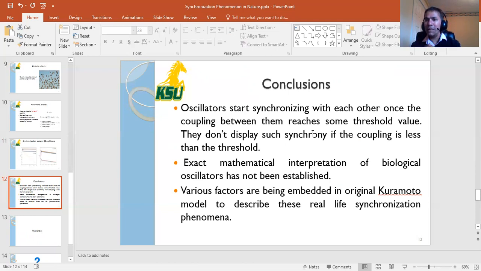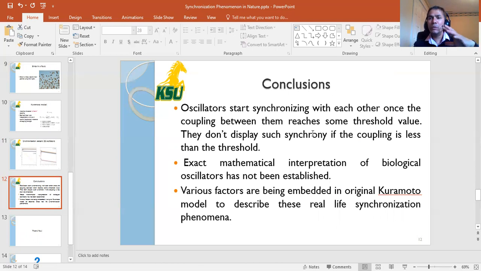Mathematically, that interaction term we call coupling must reach some threshold value. Think of what a threshold means: we pull something, and when we leave our finger, it starts throwing something.